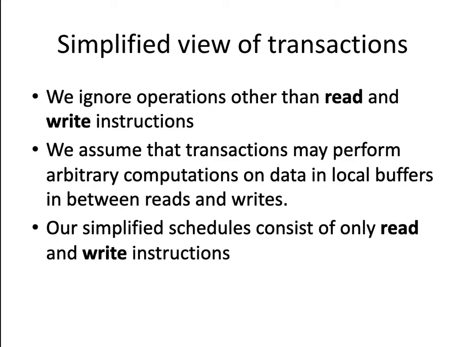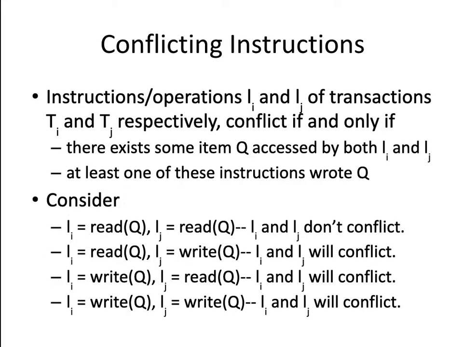But to check whether a schedule is equivalent to a serial schedule, the only things that affect this are the read and write instructions of the transaction. That's why, whenever we check serializability for conflict or view, we'll only consider read and write instructions, and we'll write our transactions in a simplified form using only these two operations.